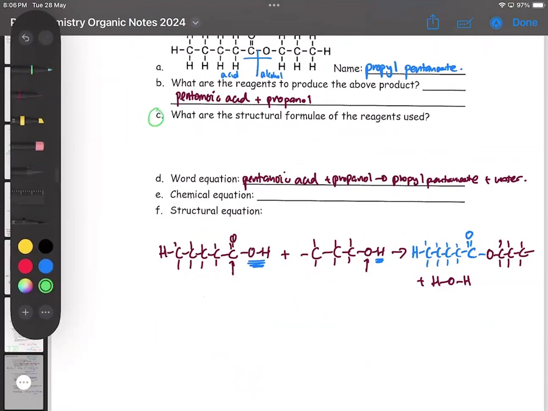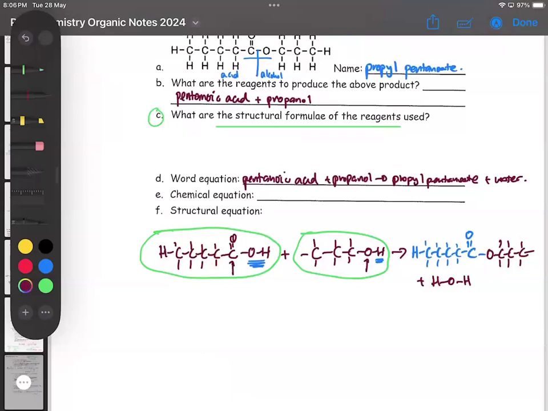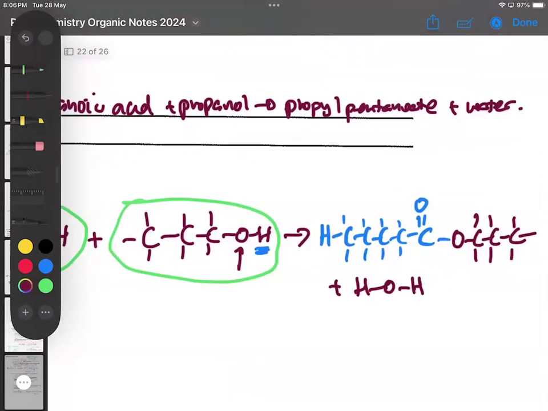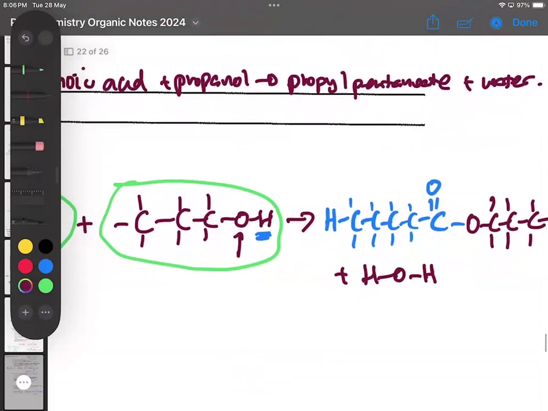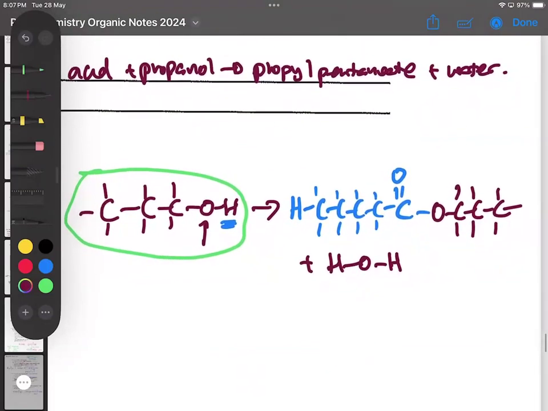So for part C, the structural formula of the reagent is basically this one and this one. Just now, Zen was drawing the alcohol instead of the acid first, right? If he were to draw the alcohol first, it's the same thing.